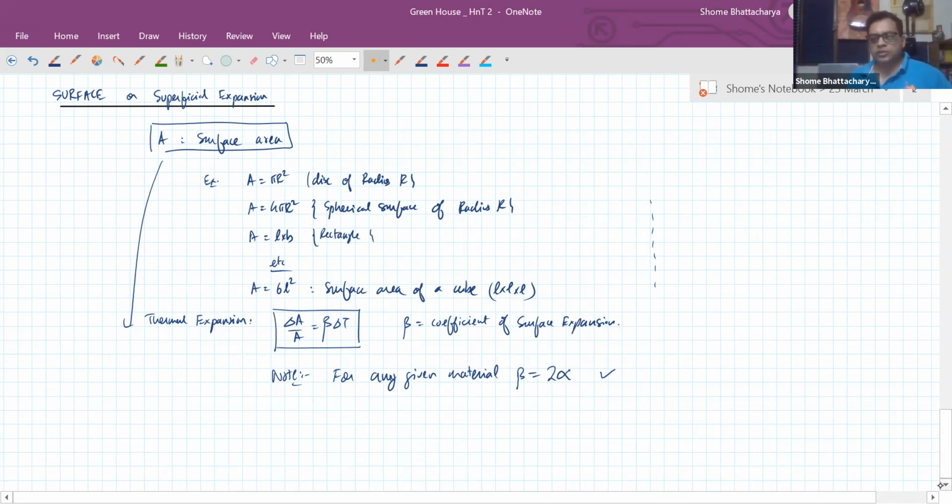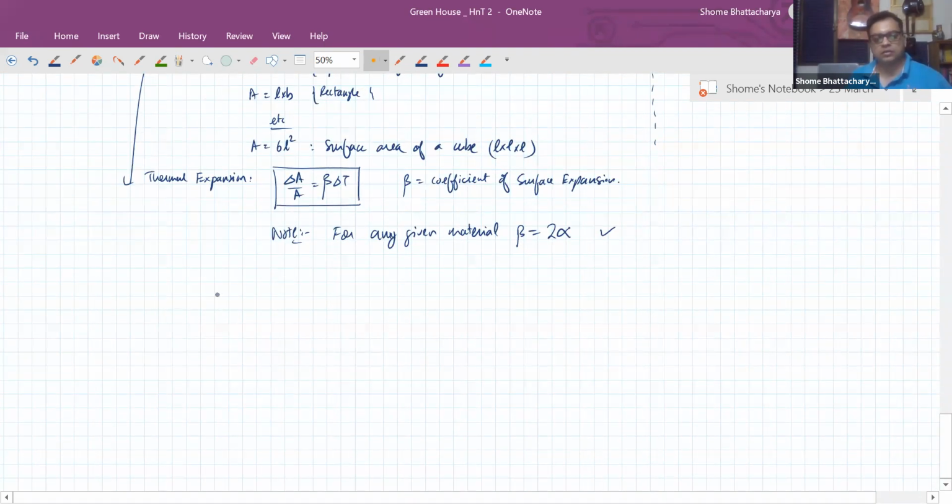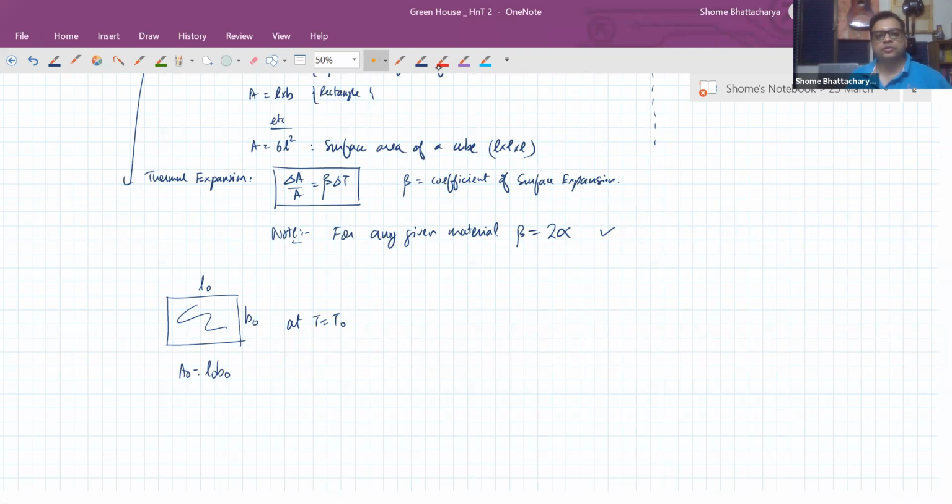Okay, so now the logic behind this is very easy to understand. For example, if we consider a rectangle which is having this kind of dimensions at temperature of T naught. Okay, so this will tend to undergo an expansion at a new temperature.